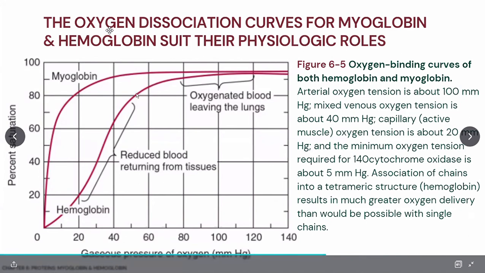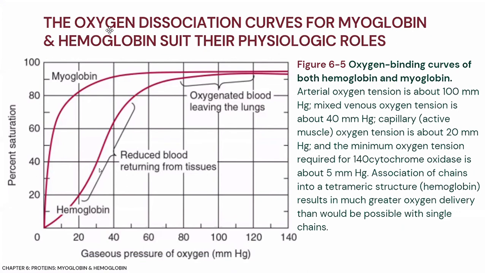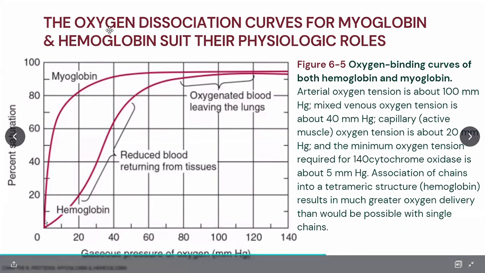While your hemoglobin, the globin there, has 4 subunits, 2 alphas and 2 betas. And each one of them contains a heme in which it binds oxygen. And this one is only 1. So it is saturated right away, even at a very, very small amount of oxygen.